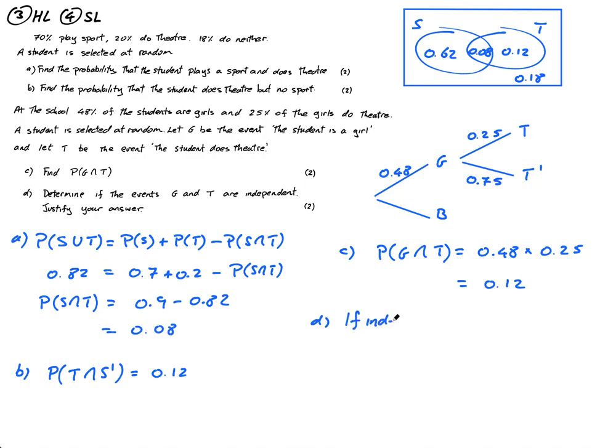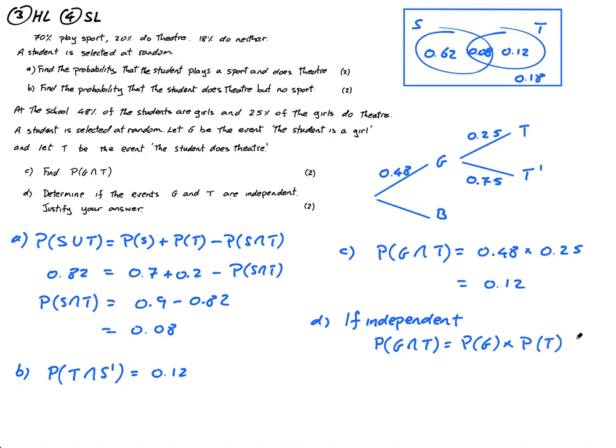If independent, the probability of girl and theatre is equal to the probability it's a girl times the probability that the student does theatre.